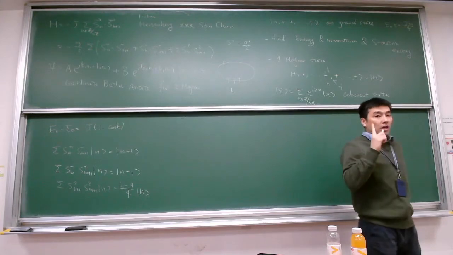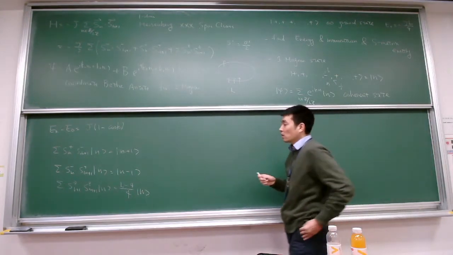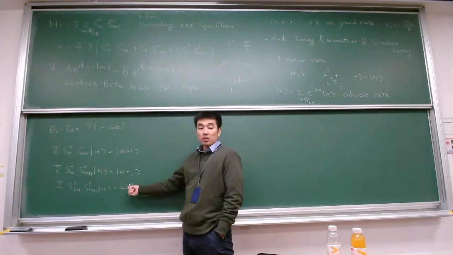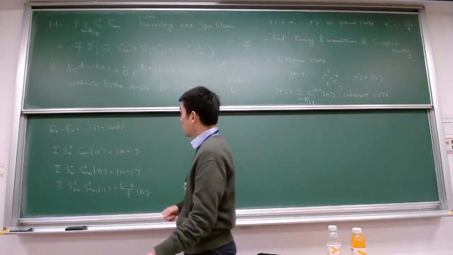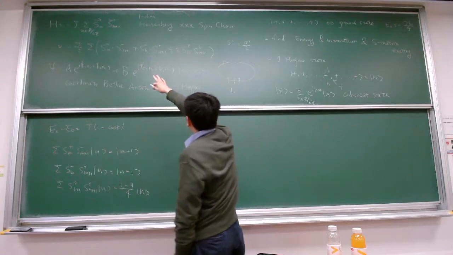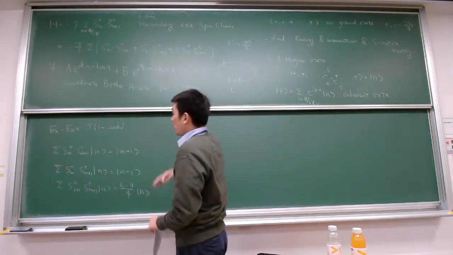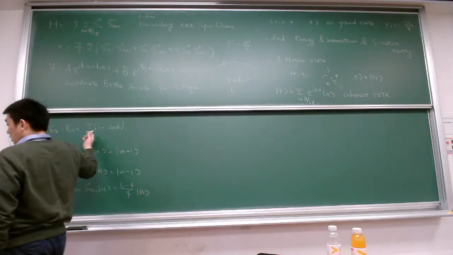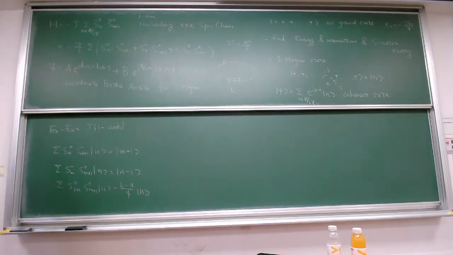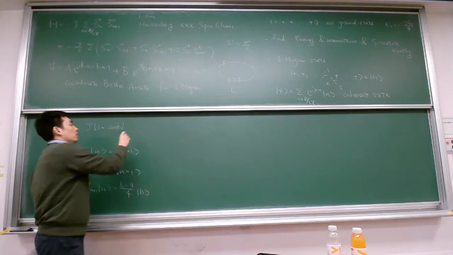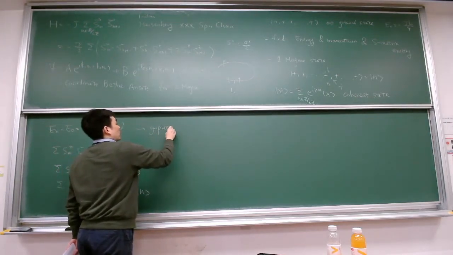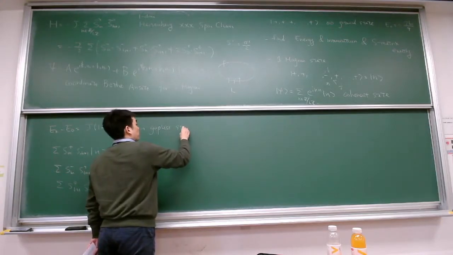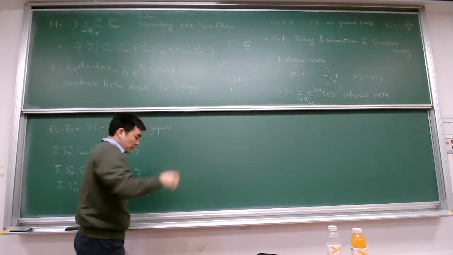In total you have 1/2 plus 1/2, and then minus 1. So that's the difference you get when you act this Hamiltonian on the coherent states. We saw the energy difference is 1 minus cos k. Therefore the system is gapless.